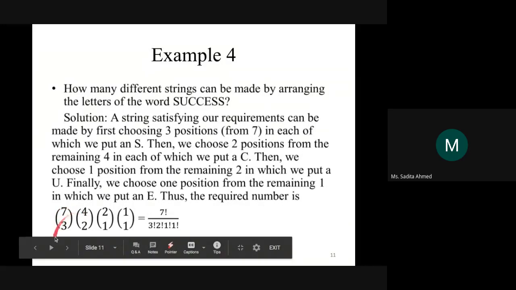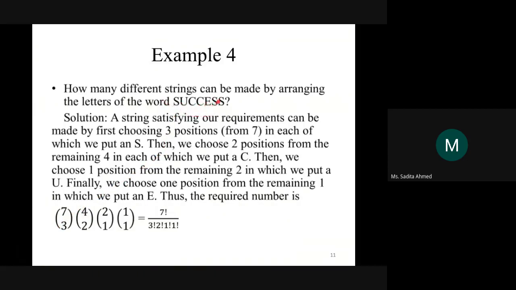By that I mean, suppose you chose positions 1, 6, 7 for S. For this specific combination of positions of S, how many ways are there to choose positions for C? 4C2 for this specific combination.